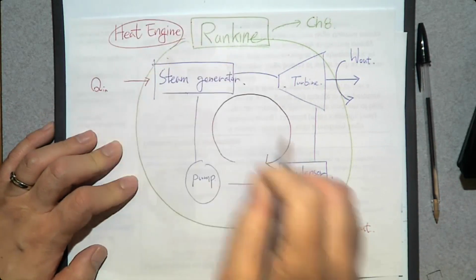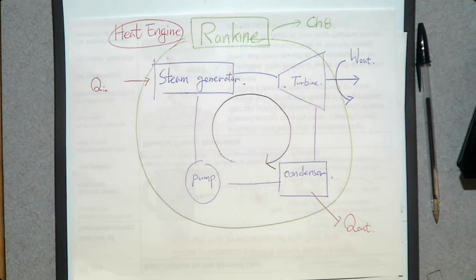So in a heat engine, we absorb heat from high temperature, produce work, and reject waste heat. That's what happens in a heat engine. And this Rankine cycle is just one example of this.